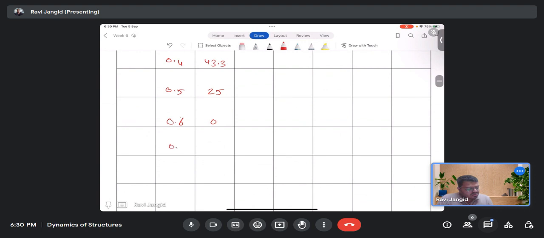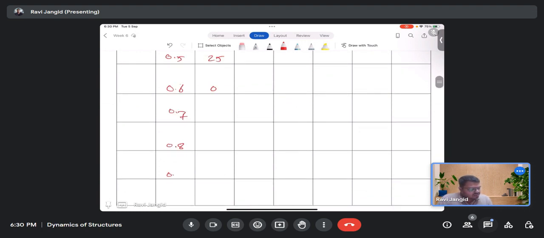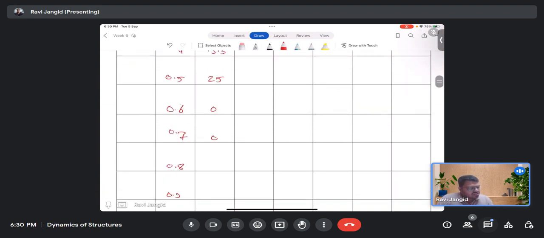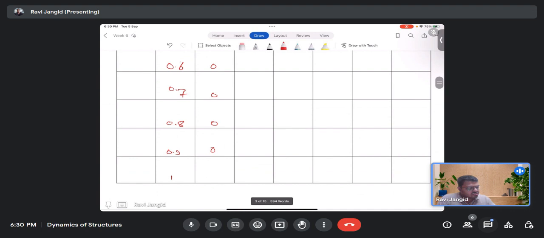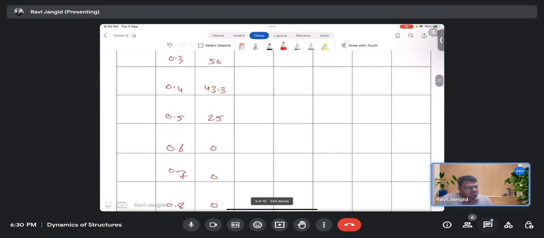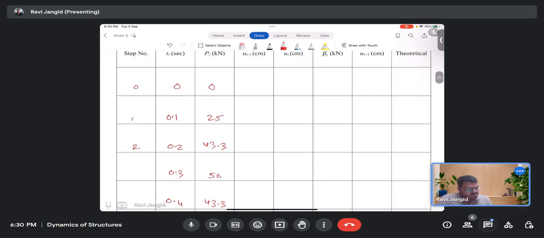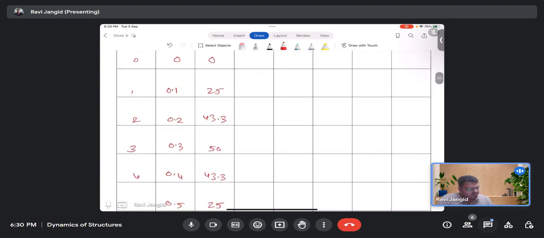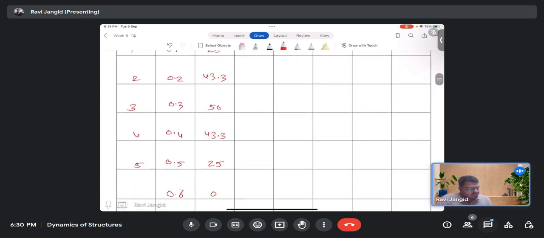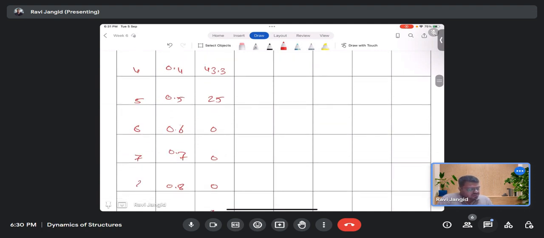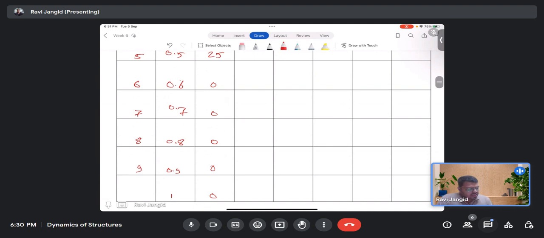Then 0.7, 0.8, 0.9, and 1. Up to this, it is 0, 0, 0, 0. And the steps are 1, 2, 3, 4, 5, 6, 7, 8, 9, 10.